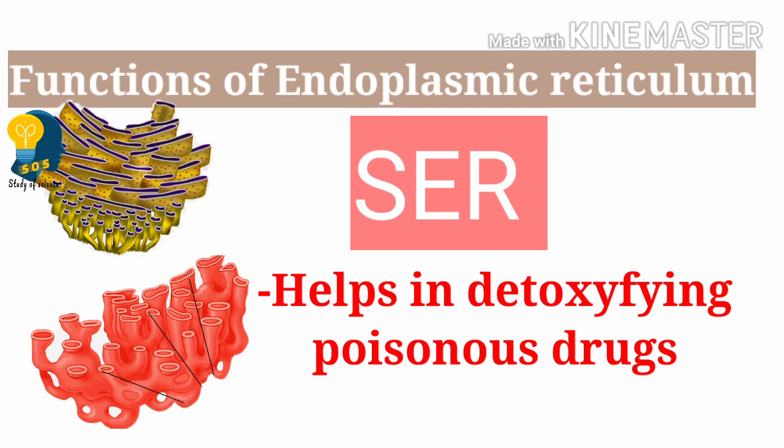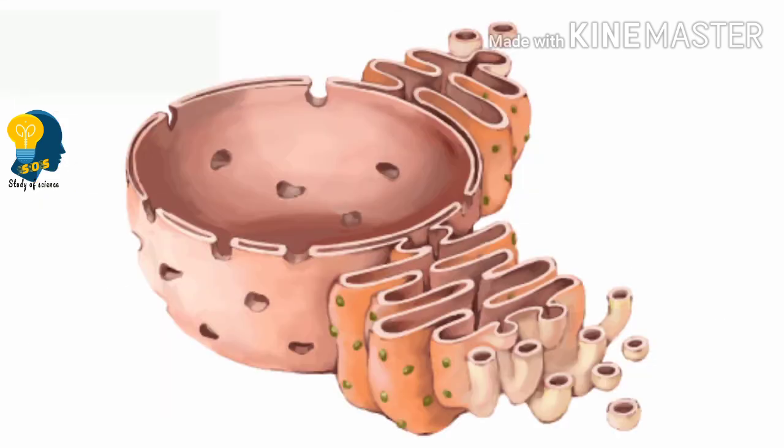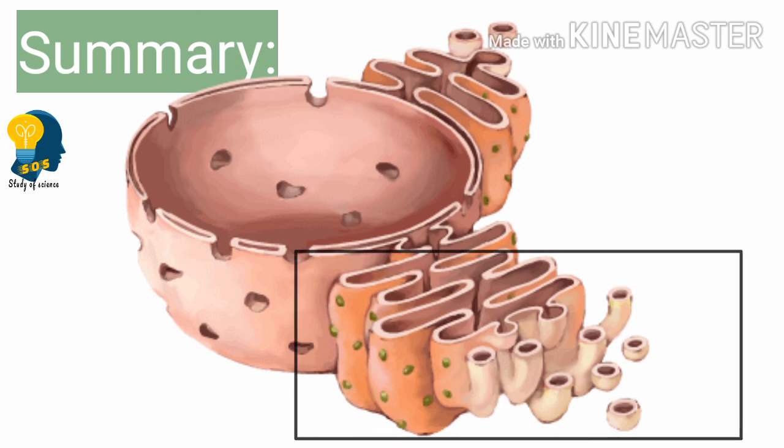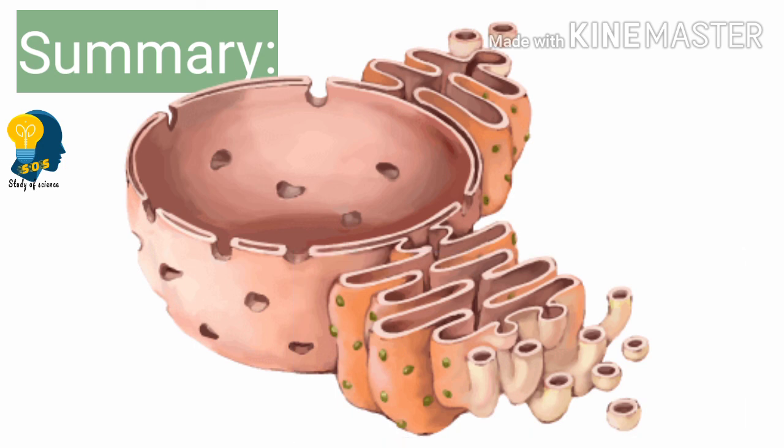So once again, let's revise. What is endoplasmic reticulum? Endoplasmic reticulum is a membrane bound organelle. Correct? It has a network of sheets and tubes. We have studied three different occurrences: the long tubules, vesicles and cisternae.